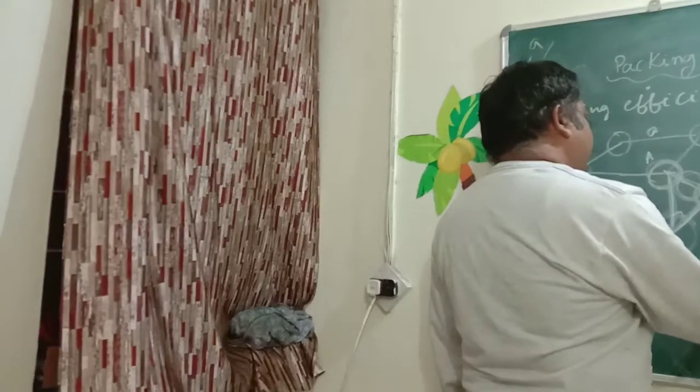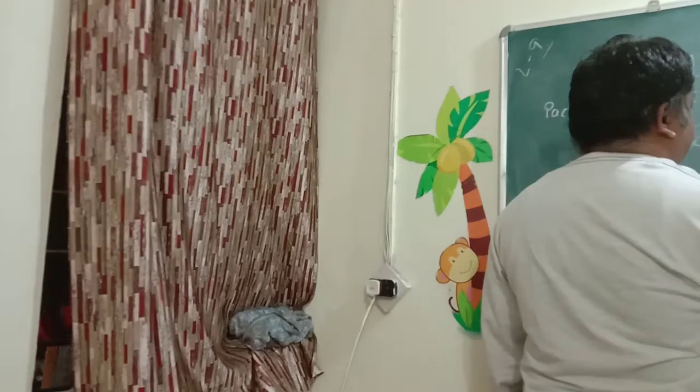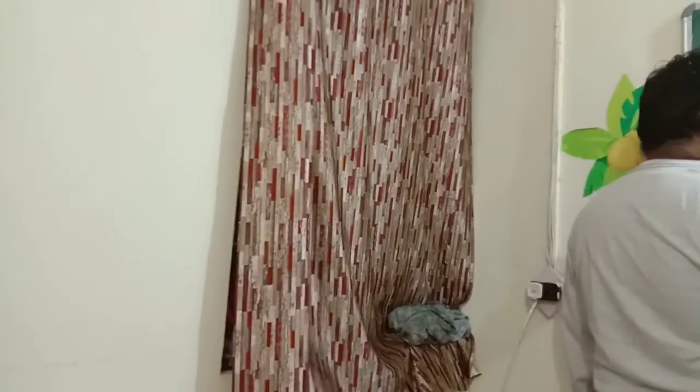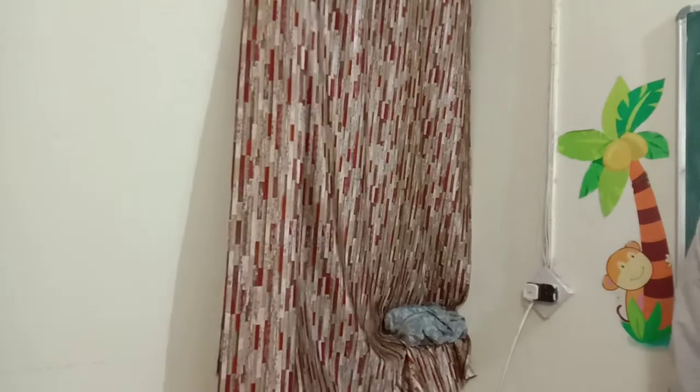But using Pythagoras theorem in right angle triangle ABC, since this is a 90-degree angle in a cube and this is the hypotenuse, AB square is equal to AC square plus BC square.